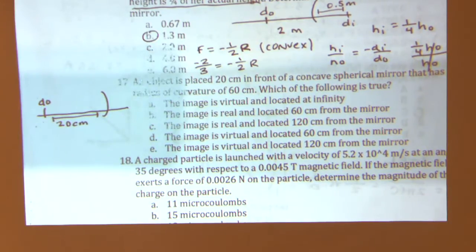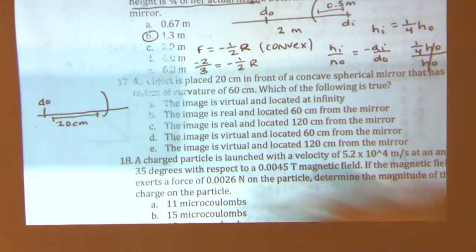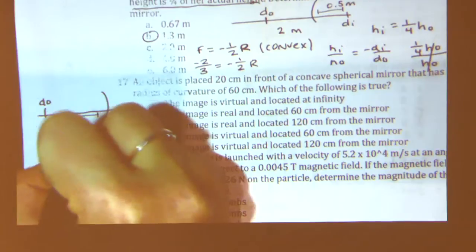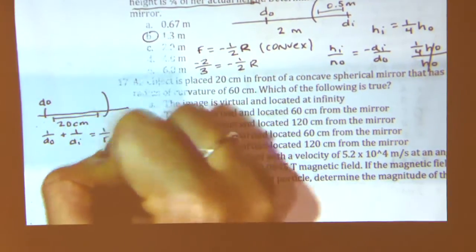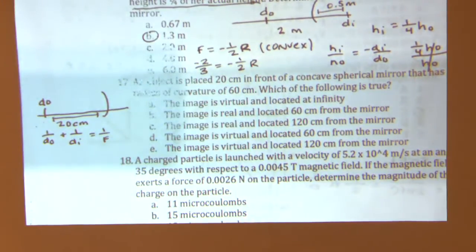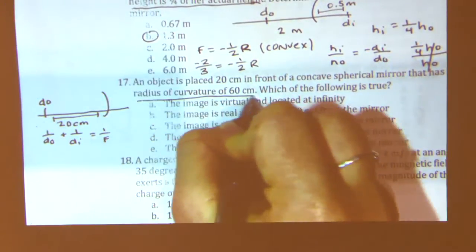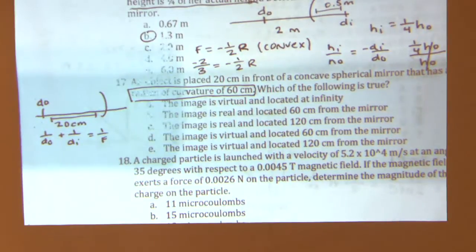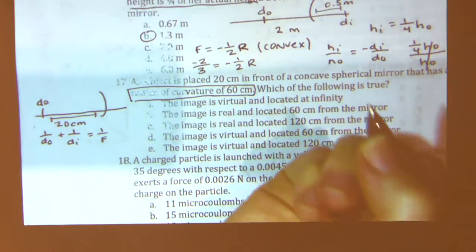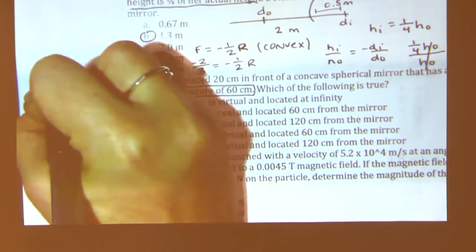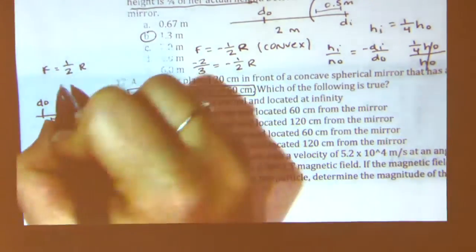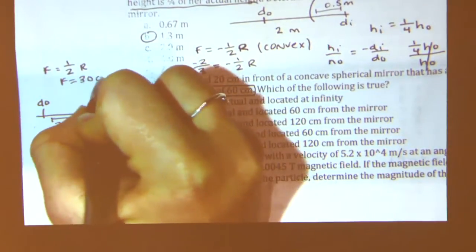So we want to solve for DI. We know 1 over DO plus 1 over DI is equal to 1 over F. And this question gave us the radius of curvature, so we can solve for F. F is equal to 1/2 R. So half of 60, F should be 30 centimeters.